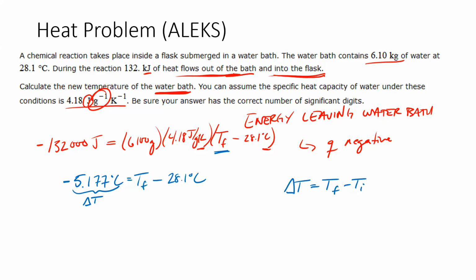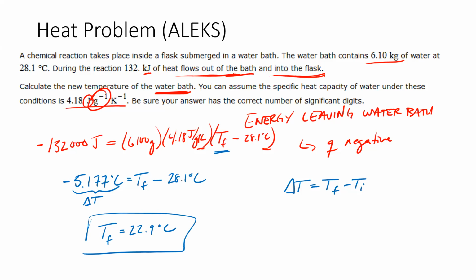And so I'm going to add 28.1 to both sides. My final temperature is 22.9 degrees C. And so, you know, it's always good to stop and think about an answer.